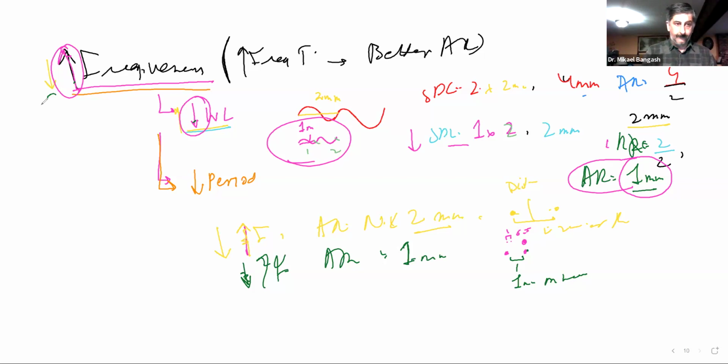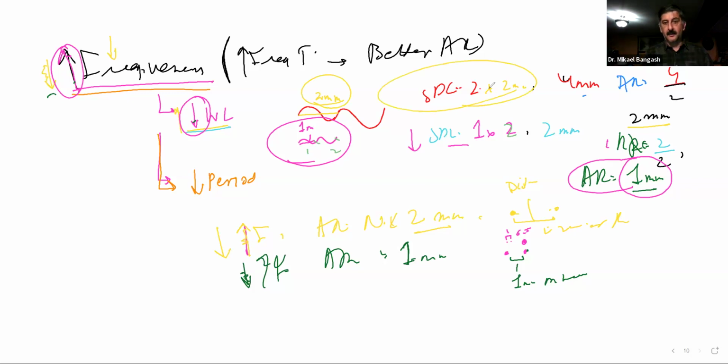Now comparing these two: where we had a low frequency, that low frequency gave us a great wavelength, greater spatial pulse length, greater numerical value of the axial resolution. Which means the distance between the two reflectors has to be at least 2 millimeters.